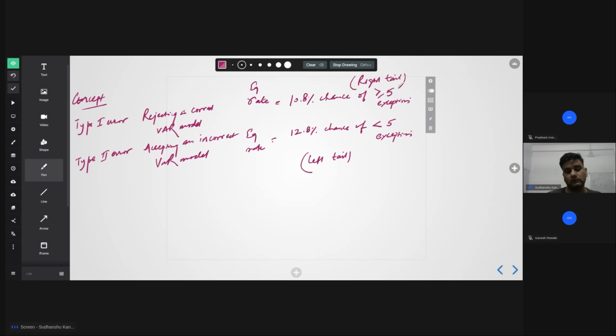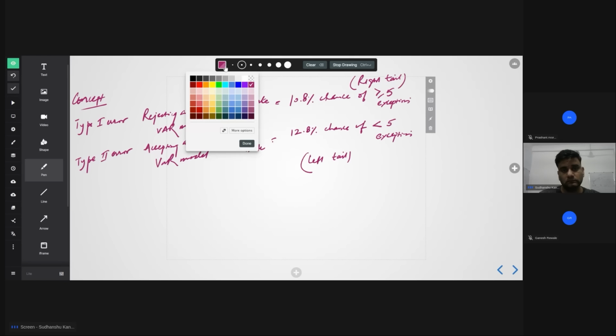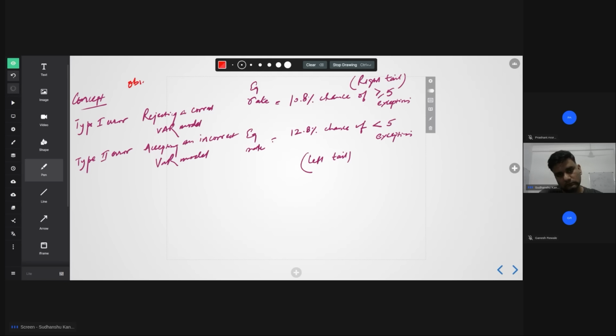In your type 1 error, let me write above. Type 1 error, let's say you are getting your observed as 6, while expected were 2. That is type 1 error.